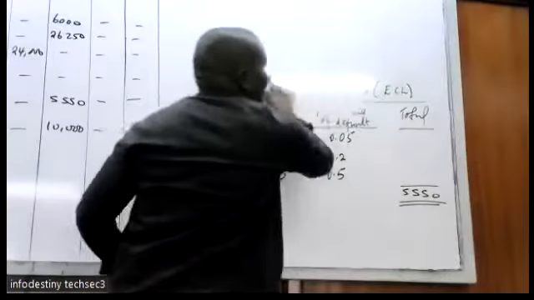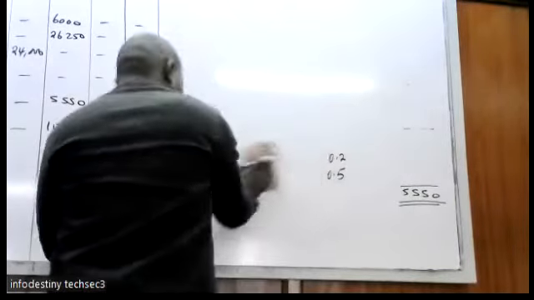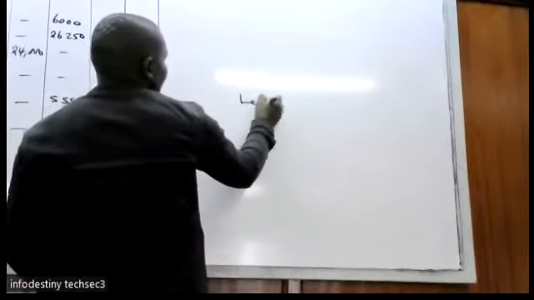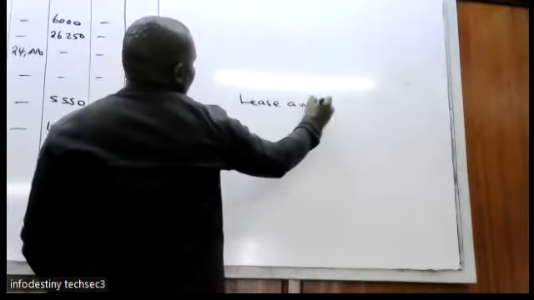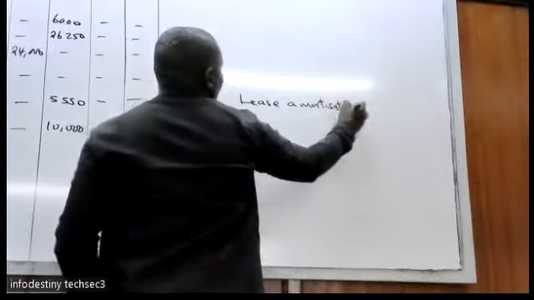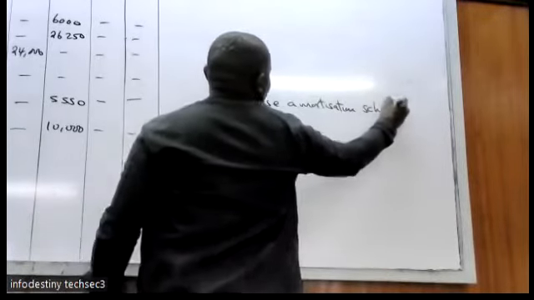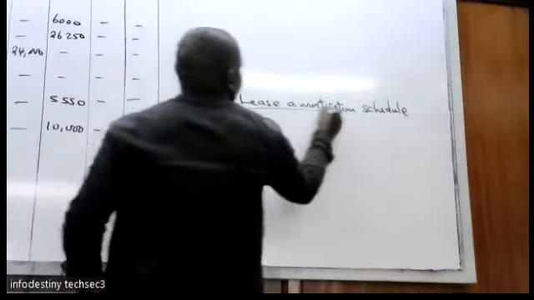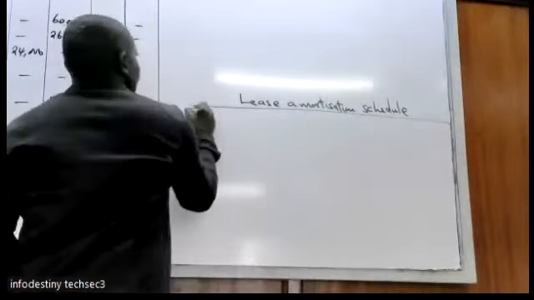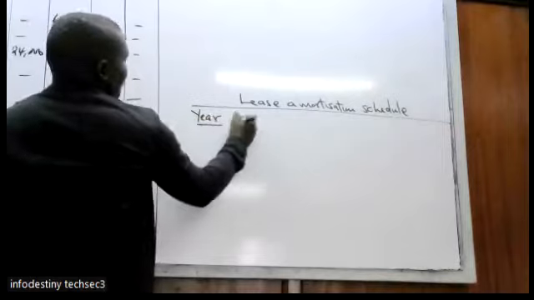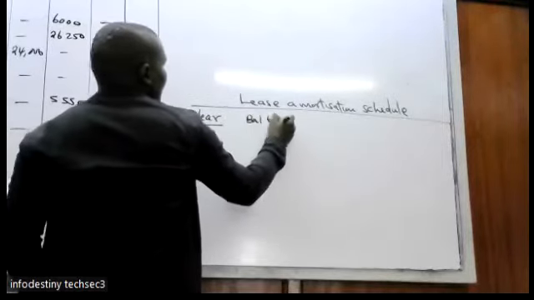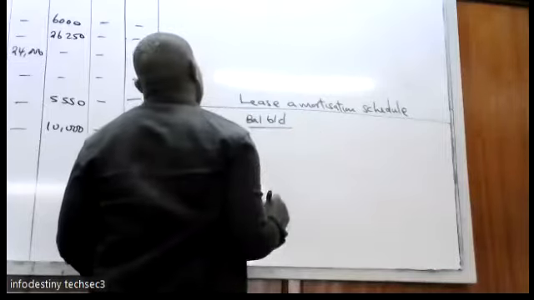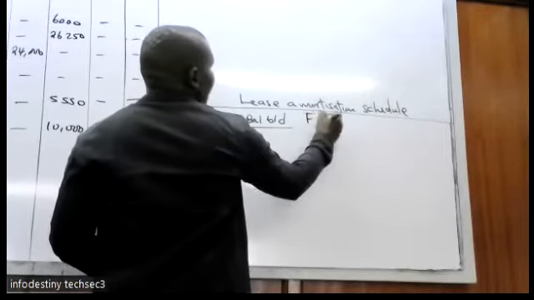So say here, outside there. Lease amortization schedule. So right here, balance brought down, finance cost.